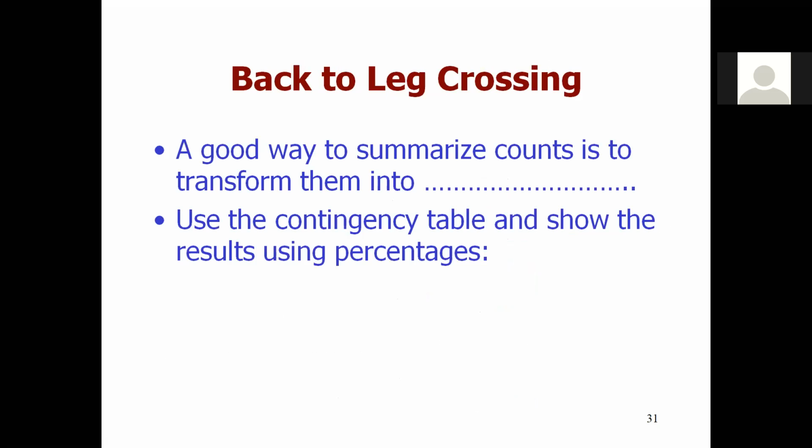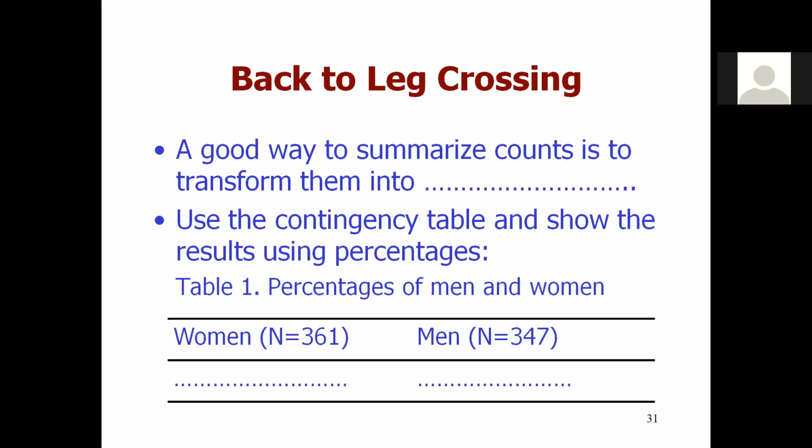Just going back to where we were. We did that. Okay, and now we use the contingency table that will give us this. Okay, and we can say the percentages of men and women, and we can finish the caption here that we can choose one or the other level. We can use the level of not crossing their legs or use the level of crossing their legs. So let's say women who crossed their legs was 72, right? And men who crossed their legs was 28. Okay.